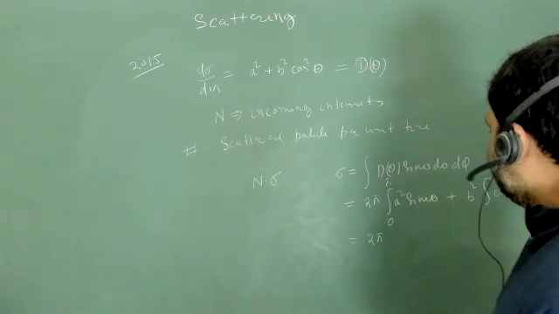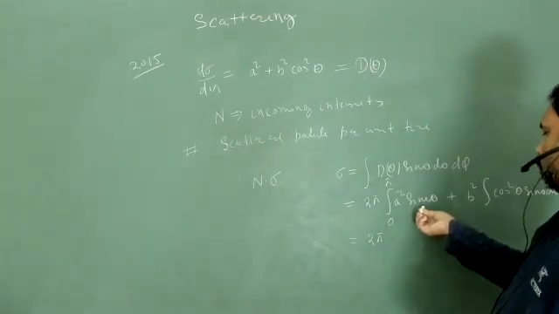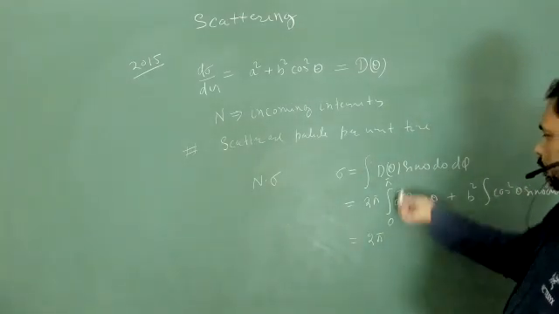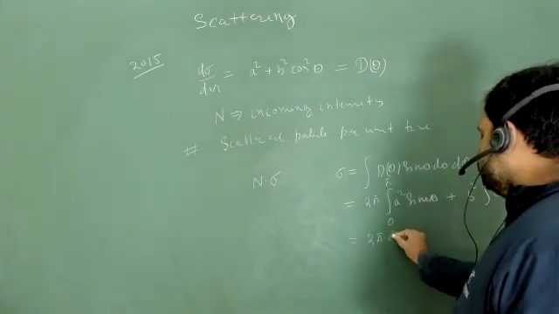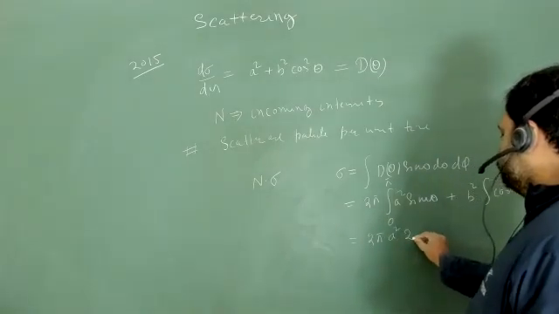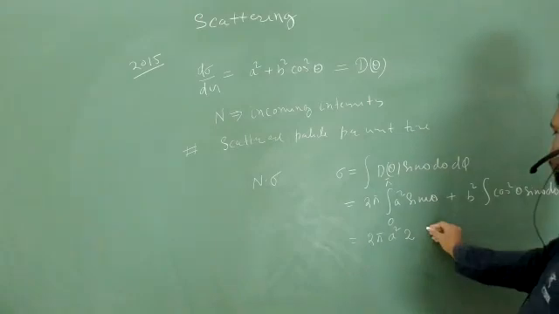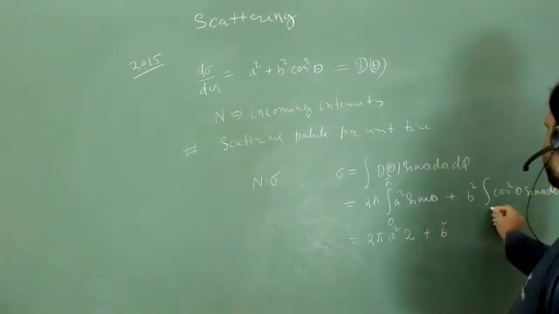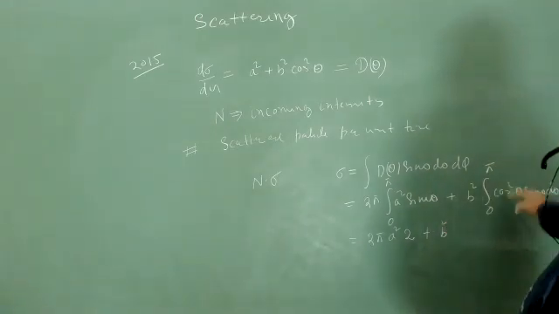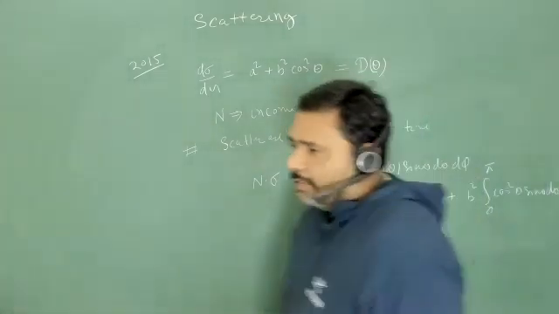And what will be the integral of sine theta? Minus cos theta, and 0 to pi is basically 2, isn't it? And plus b square, and here is 0 to pi. What is this value? Cos square theta sine theta d theta.